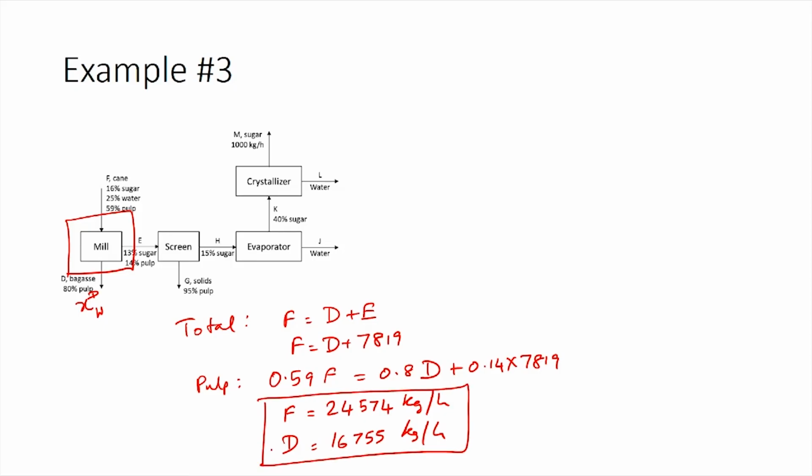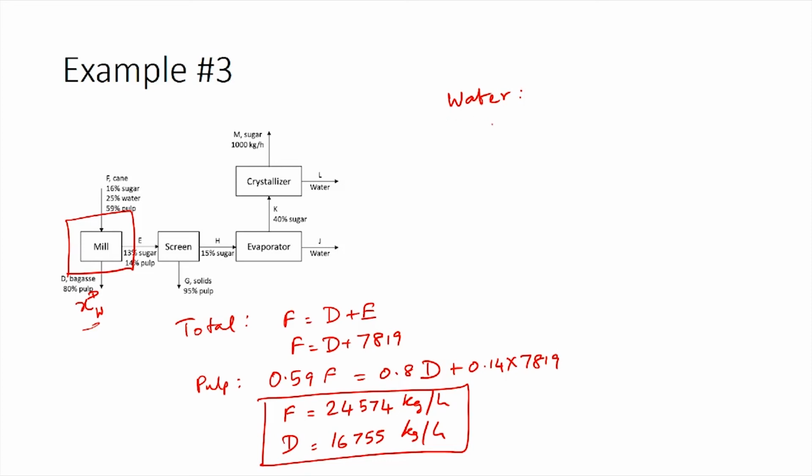We still need to calculate the composition of the stream D, which is basically the amount of sugar which is leaving through stream D. For that, we will use the assumed mass fraction of water, and let us write a water balance for the system mill.